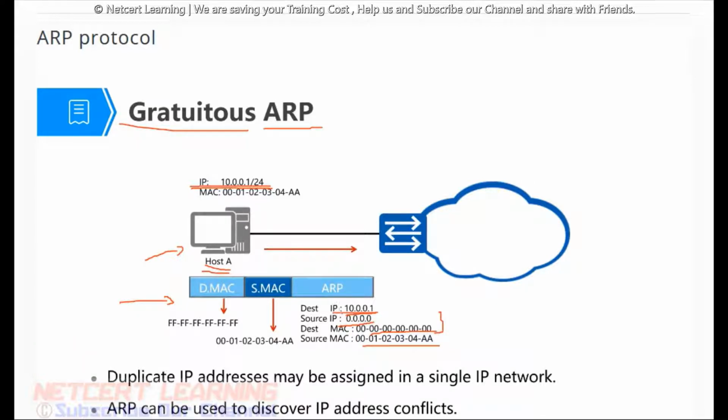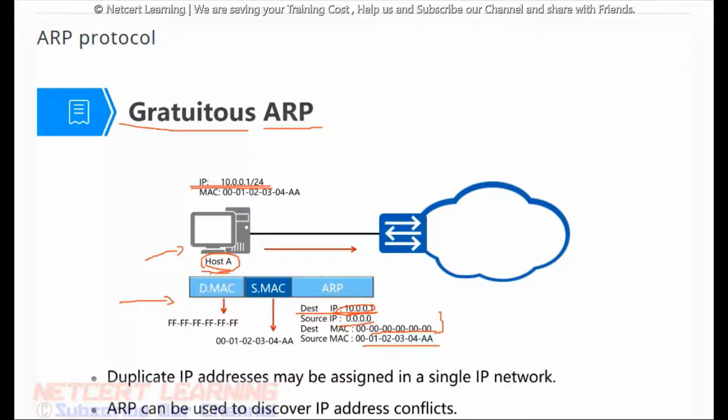To know if another device uses this IP, in this ARP the destination IP is this IP address. If another device uses this IP address, then this device will reply. If there's a reply, then host A will know, aha, there's another device using this IP address, so the IP address is in collision. So I cannot use it again.